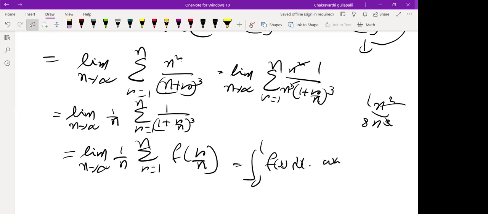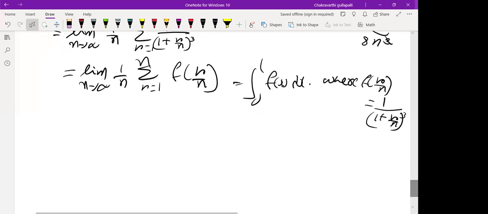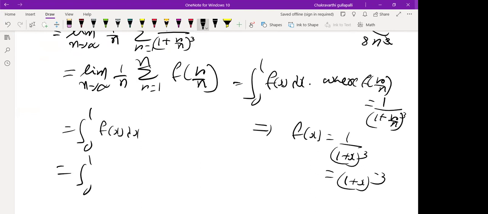What is f of x? f of r by n is 1 by 1 plus r by n whole cube. So f of x is 1 by 1 plus x whole cube, that is 1 plus x whole power minus 3. Integral 0 to 1 f(x) dx will be equal to integral 0 to 1 of 1 plus x whole power minus 3 dx.